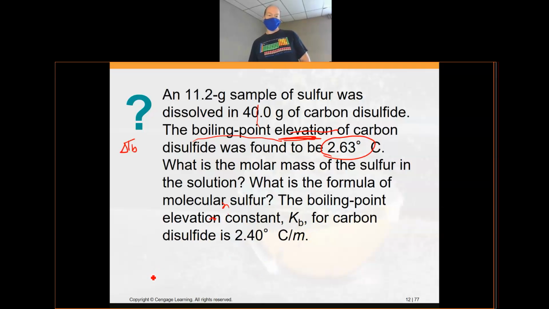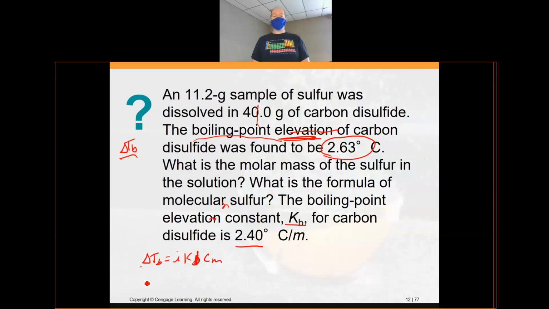All right, so the same thing, except here we have delta T sub B is equal to i K sub B times C sub m. They have to give us the K sub B. It is a constant, and they do. And they gave us the delta T sub B. So the only thing we need to solve for is our molality.